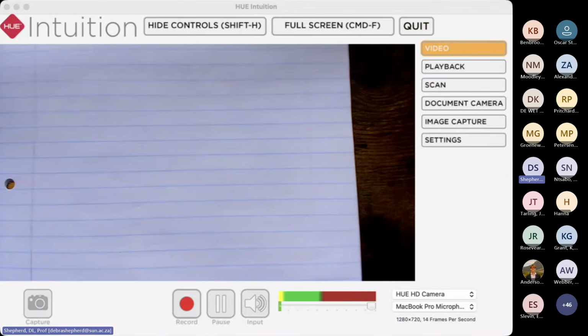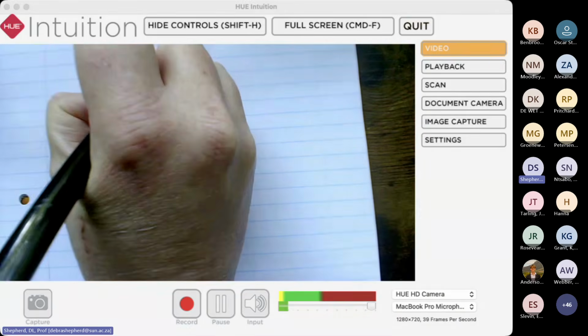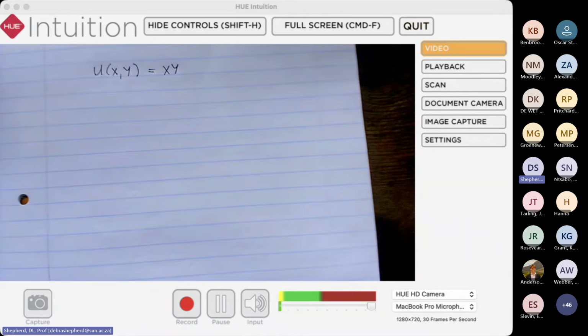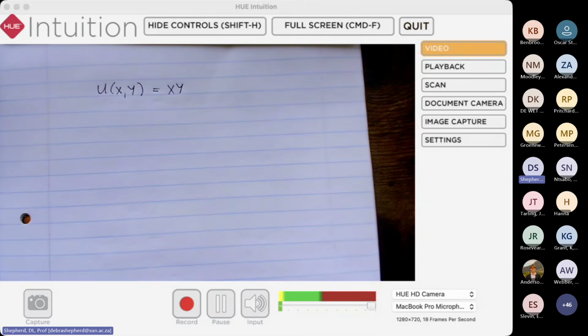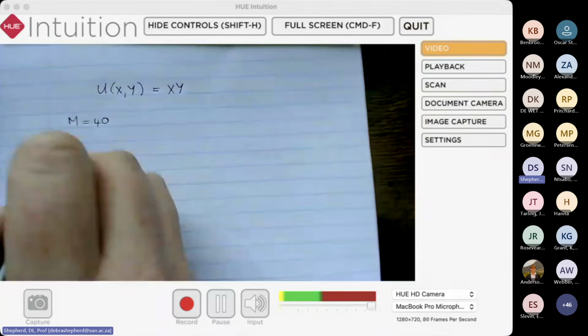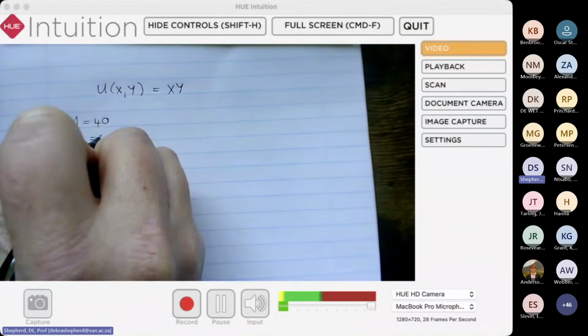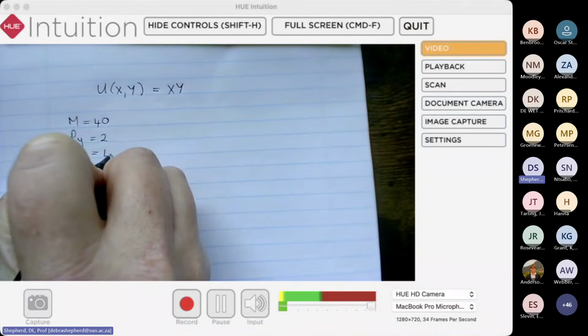So in tutorial 4 question 2, the question says Louise has the utility function U(X,Y) is equal to XY. So that's the utility function. Her income is 40. The price of product Y is 2, and the price of good X is 4.